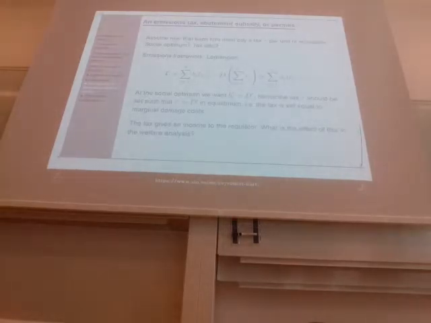Under what circumstances is it different? We've just said, look, damages are a function of total emissions, and total emissions are the sum of emissions from each firm. Is that always true?